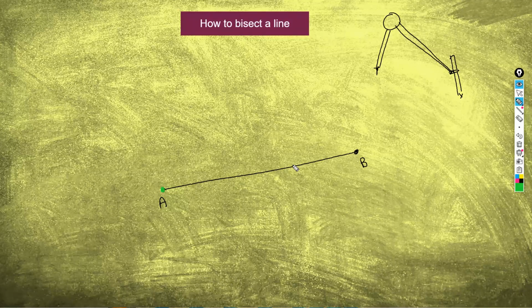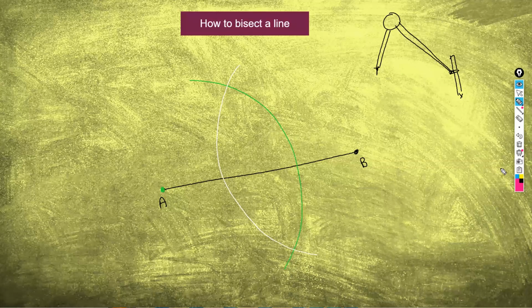So you open it and you scribe an arc. Now, move to the other end of the line, point B. And from B, using the same distance between the point and the pencil, scribe another arc.